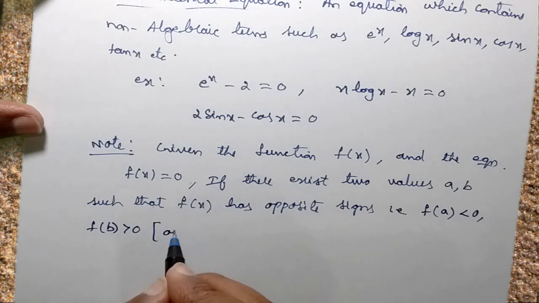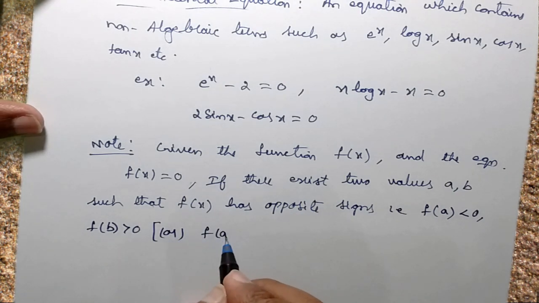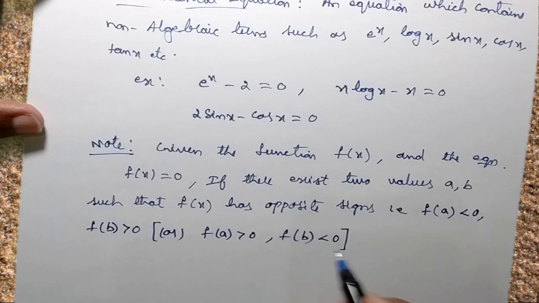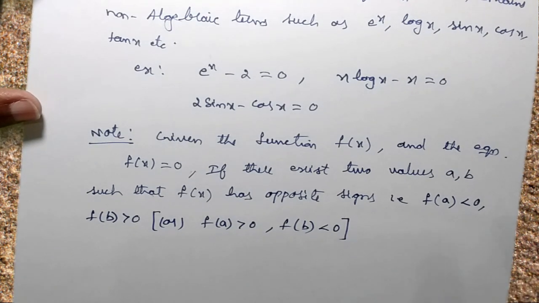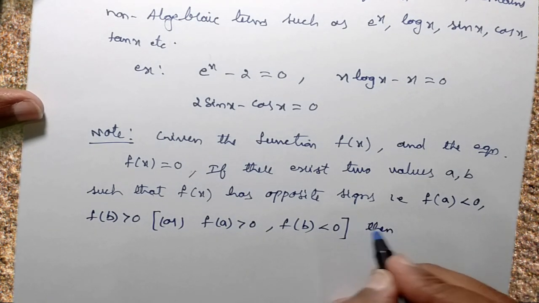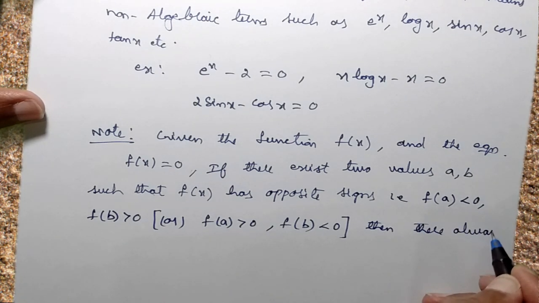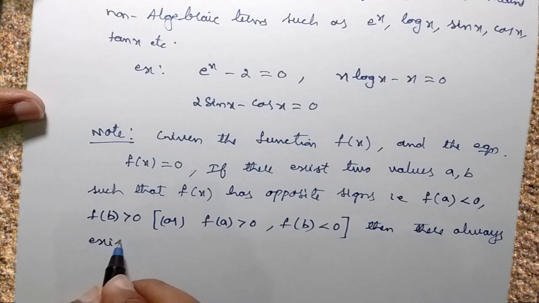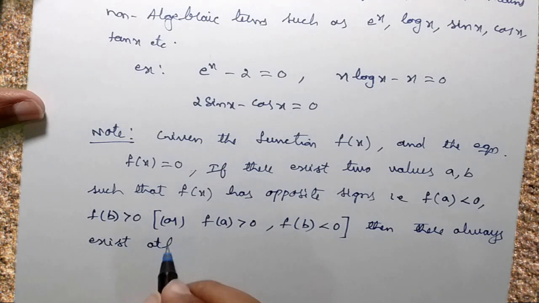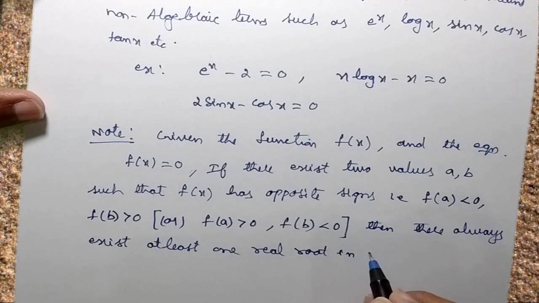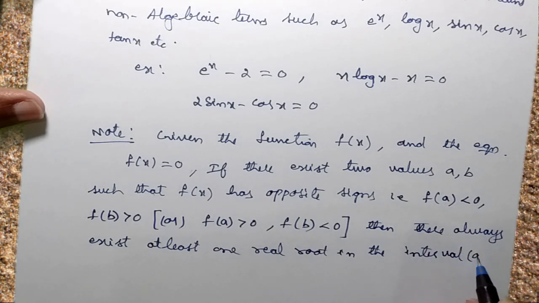This possibility is also there. If that is the case, then there always exists at least one real root in the interval a, b.